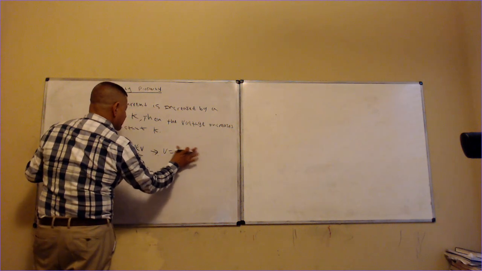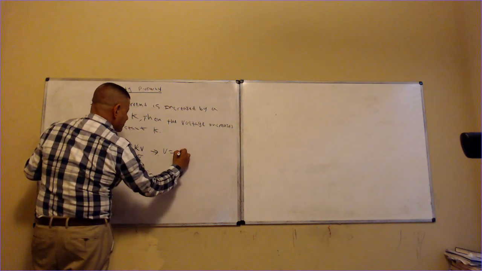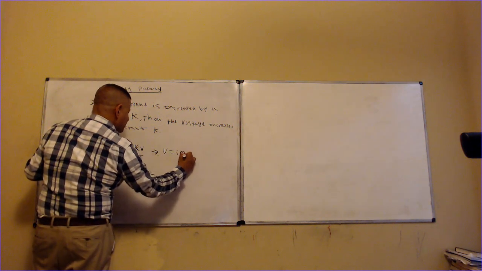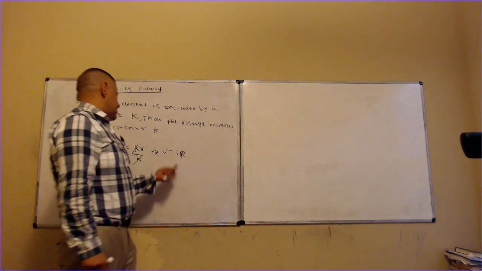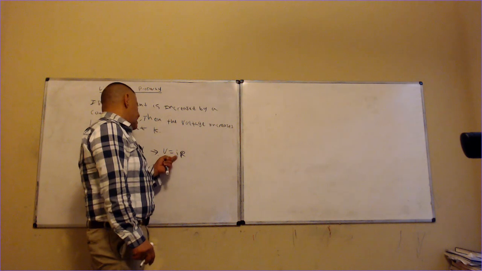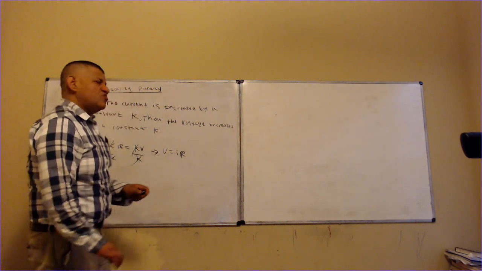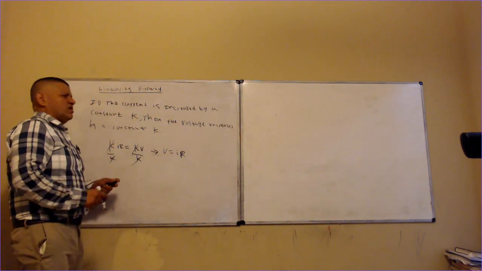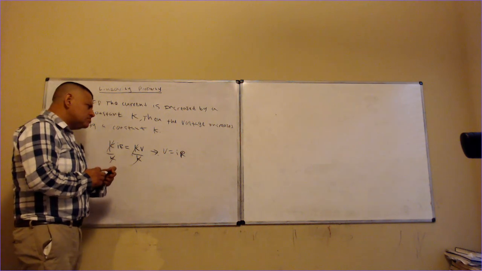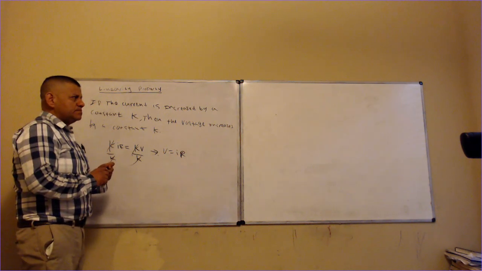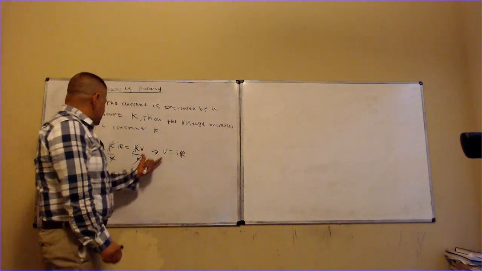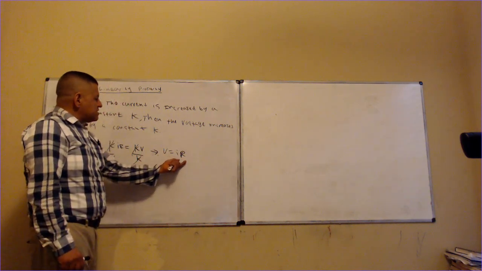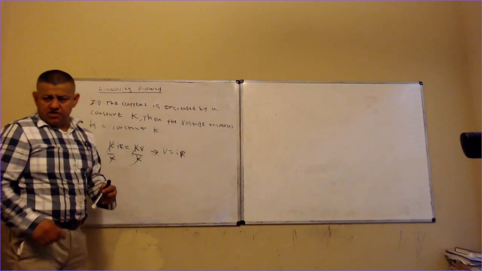Actually, they have a small i and capital R. And the reason why they have a small i in this case, I guess, is that they already tend to go to the chapter where we deal with time-based current, right? So basically, that's how we define that.